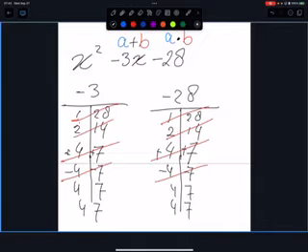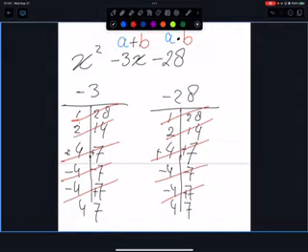You progress. Negative, positive. Hey, negative, positive might look like a possible solution. Negative 4 times 7 is negative 28. But negative 4 plus 7 is positive 3. I'm looking for negative 3. So this is not a solution.